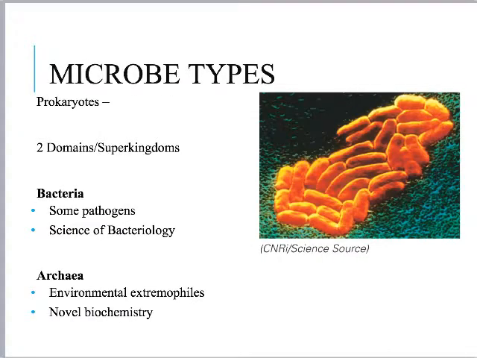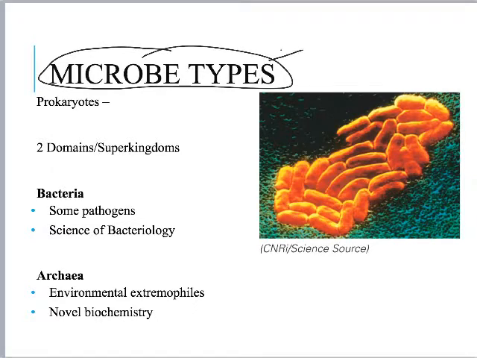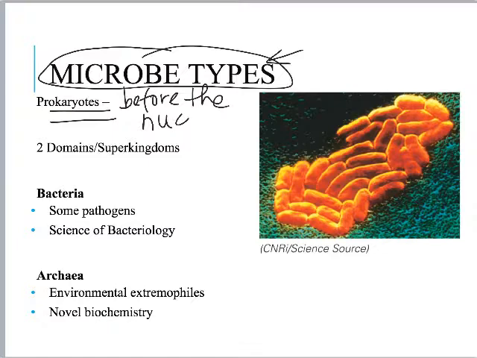Now, types of microbes. When we're talking about microbes, really we're talking about anything that is really small and hard to see. We're going to talk about prokaryotes. Pro is technically before the nucleus, so these organisms don't have a nucleus.